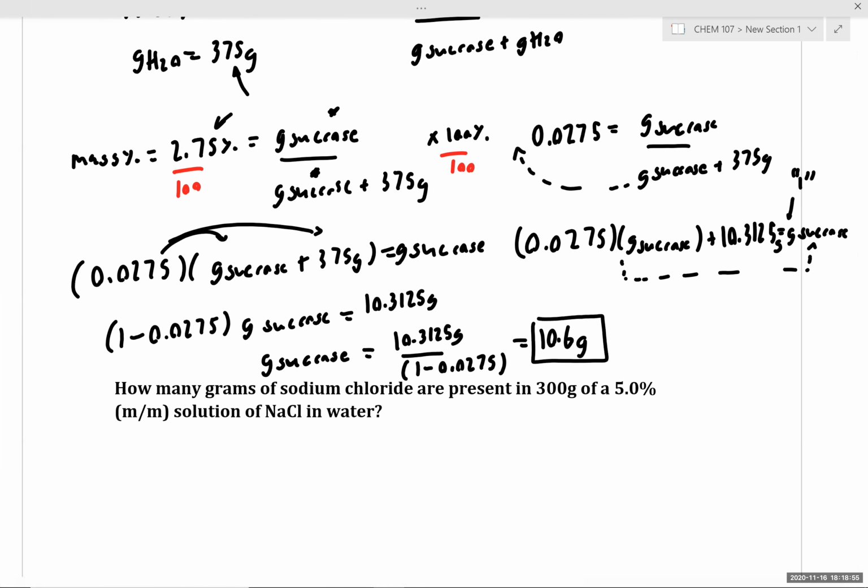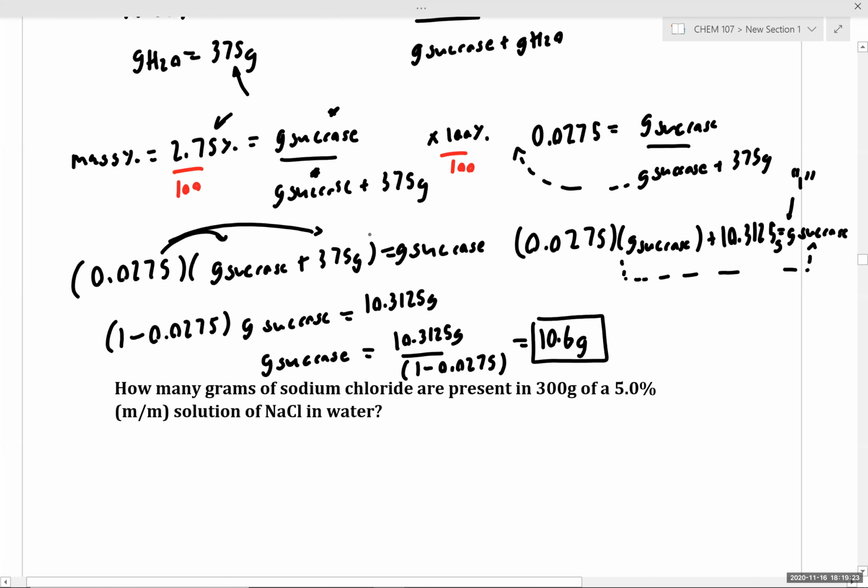Professor, how do you get the 10.6? Could you repeat that, please? How did you get the 10.6 grams? So once we've isolated the grams of sucrose, we first got this 10.3125 by multiplying our mass percentage over 100 by the mass of our solvent.